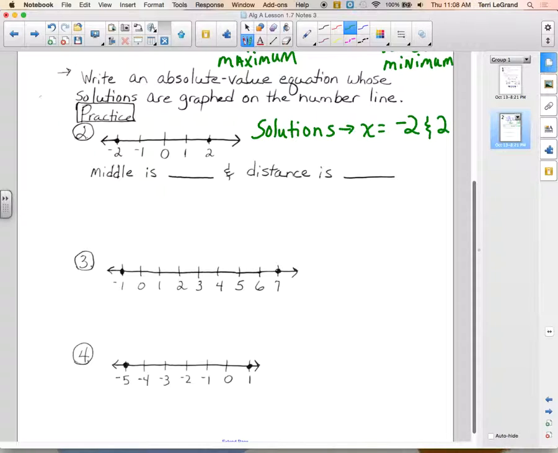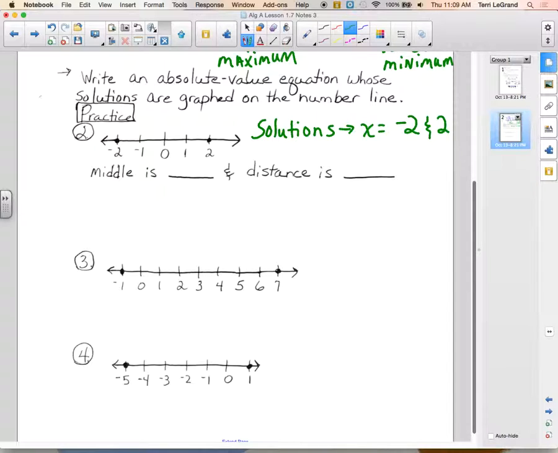Okay, so we have to come up with the equation that those came from. Think we can do that? How are we going to do that? We're going to use those in our equation. Did I introduce a model to you that should help us set up the absolute value equation anytime we want? How does it go again? X minus middle equals distance. Yeah, x minus middle equals distance.